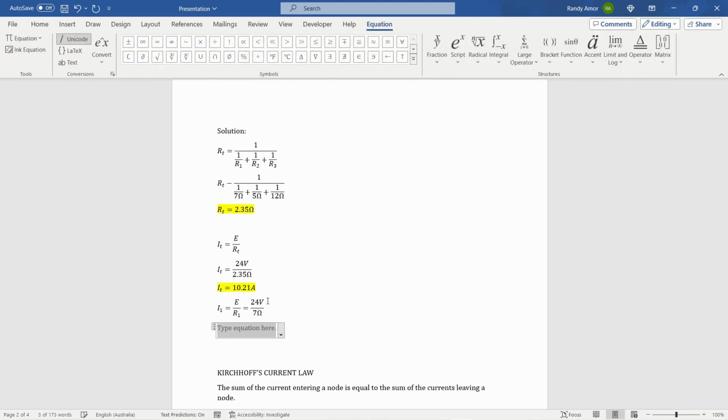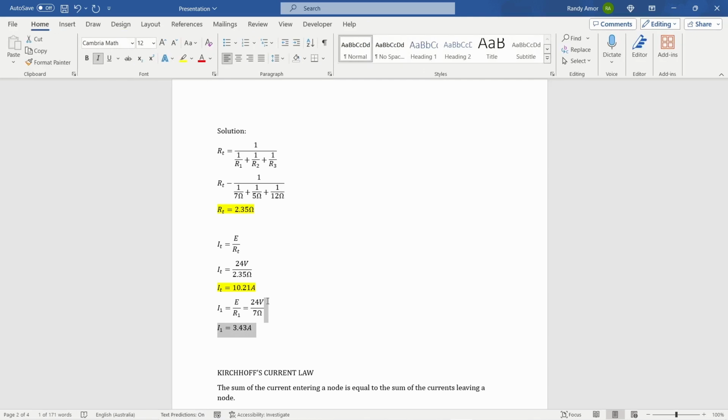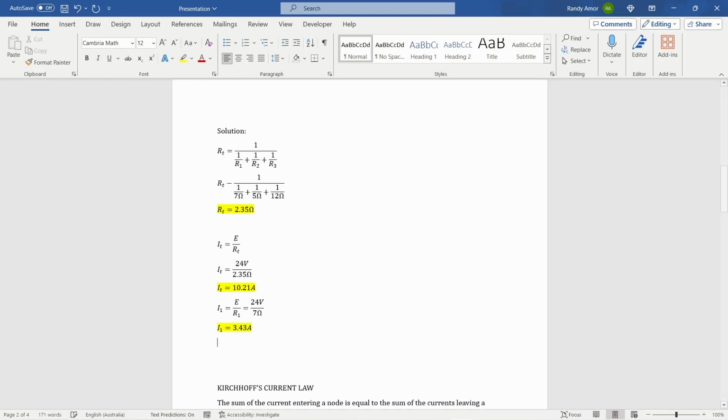Therefore our I1 will be equal to 3.43 amperes. We use the same voltage because, as we said, in parallel circuits, the voltage across each resistor is equal to the source voltage.